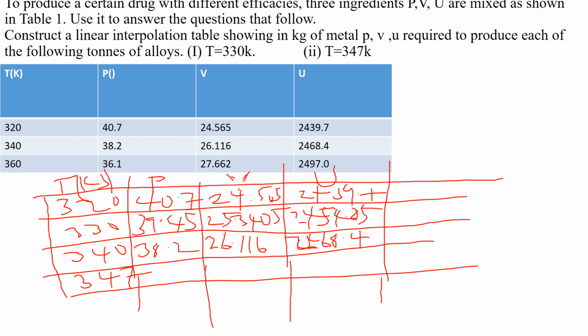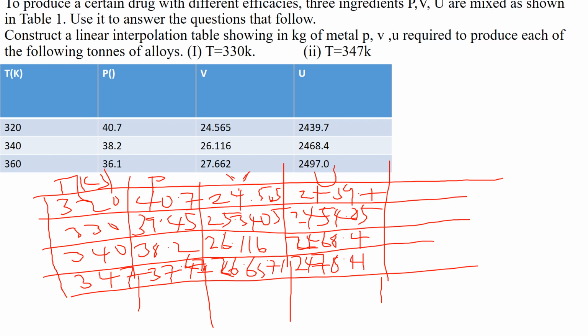Then the other one is 347. At 347, the first value we have calculated to be 37.47, and then the other one was 26.6571, and then the other one was 22.7841.